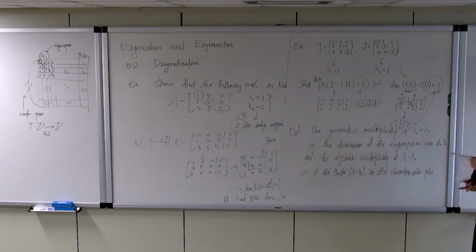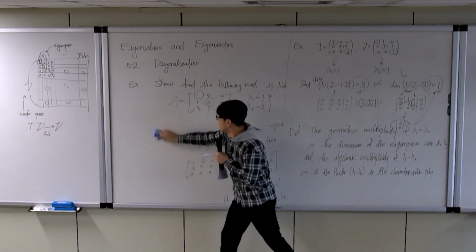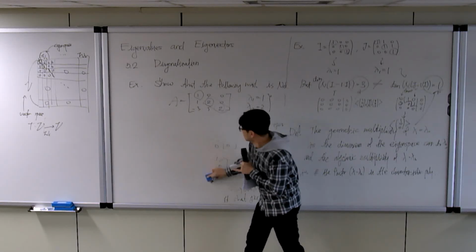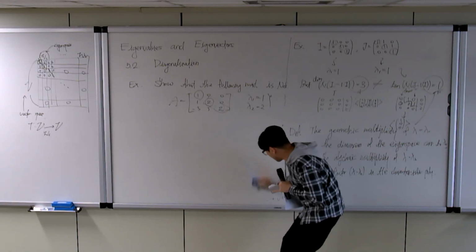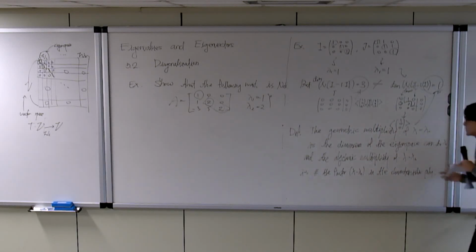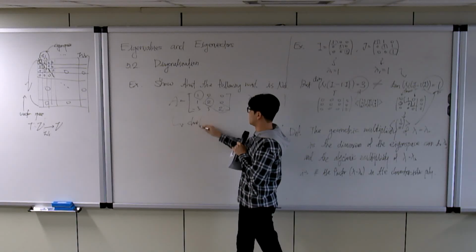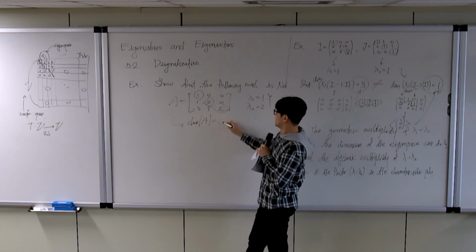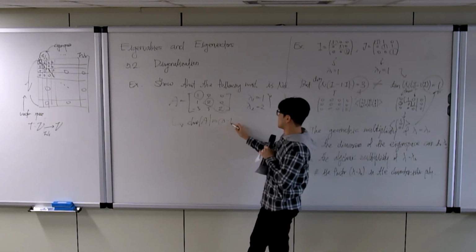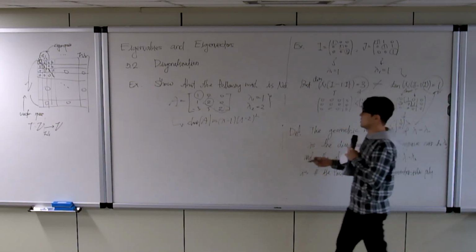If I call this geometric multiplicity is 3, and this characteristic polynomial will be lambda minus 1 cubed, and it means the algebraic multiplicity of lambda 1 is 3.